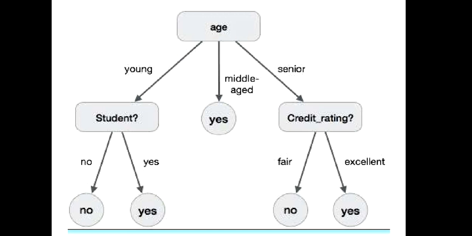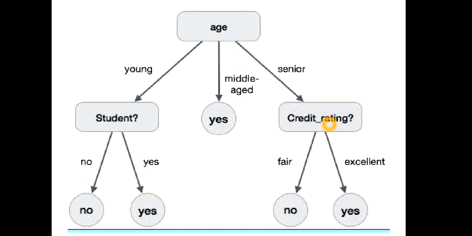If age is young, if he is a student, then the probability of buying the computer is yes. If he is not a student, then of course the probability is no if he falls under the young age. Then if age is middle age, then we have the leaf node yes. Then if he is senior, then we have one more test, that is credit rating.